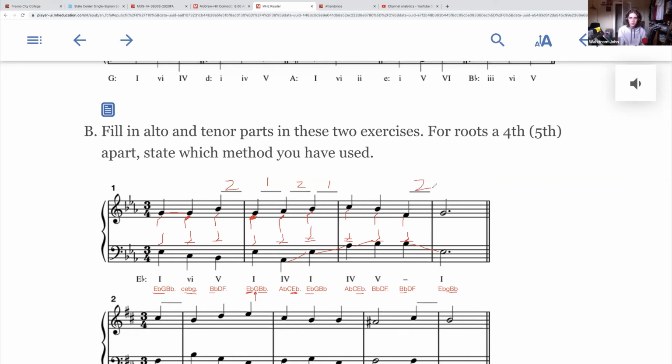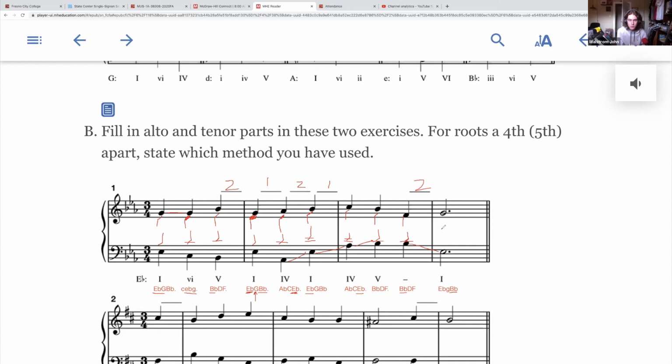So what do we want to do? So then in that case, the upper voices are going to move down, or... Interesting.